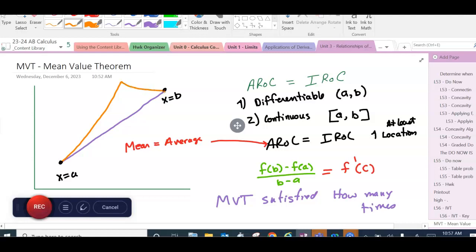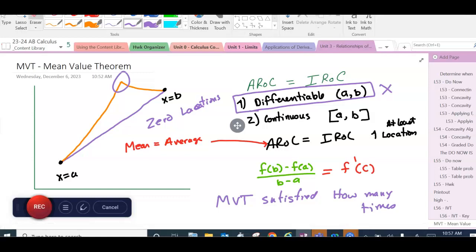This is not differentiable at our cusp, and you can see there are 0 locations because we're not differentiable. We don't meet this requirement, so it's not guaranteed. Doesn't mean we couldn't have any, but it's not guaranteed. That's the mean value theorem.